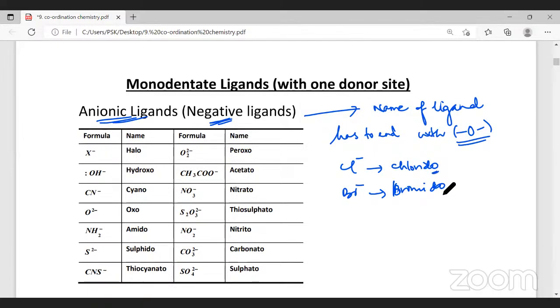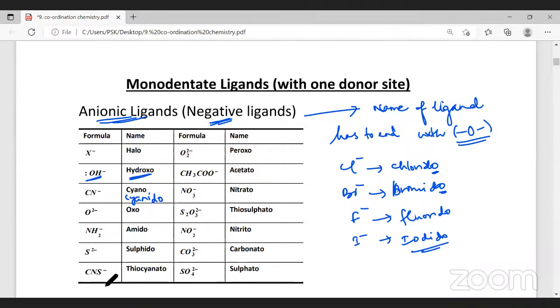So for anionic ligands, the name has to end with O. F minus is called fluorido, and I minus is called iodido. OH minus is called hydroxo. CN minus is called cyanido, or also cyano.